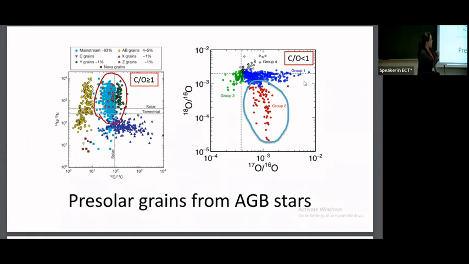Instead, if the carbon over oxygen ratio in a stellar envelope is smaller than 1, oxide grains can form. I highlight in the balloon the oxide grains that come from AGB stars, and we will focus on this plot. So the oxide grains of group 2 that are inside the blue loop on our right.